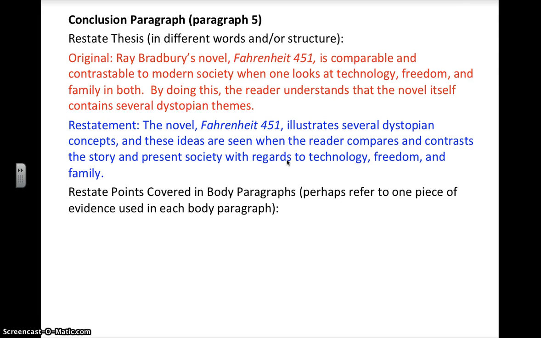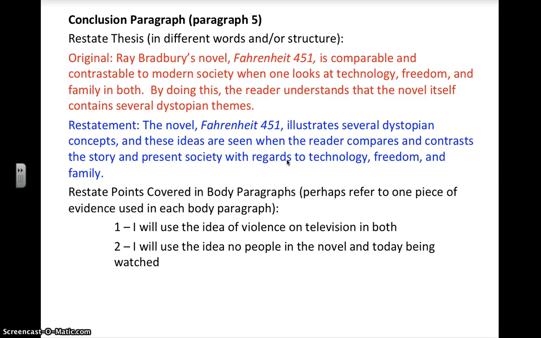Once you've done that, then you want to restate evidence that you covered in body paragraphs. And you want to keep it simple. I would say have one sentence for each of your body paragraphs. So I would talk about the idea of violence on television in both the novel and in modern day society. Then in my second sentence, I would talk about how the people in the novel and today are being watched.